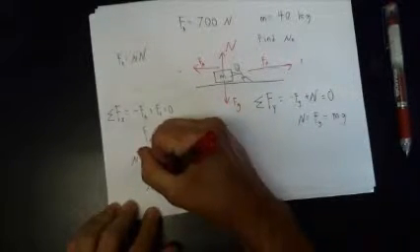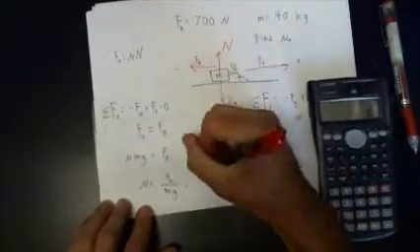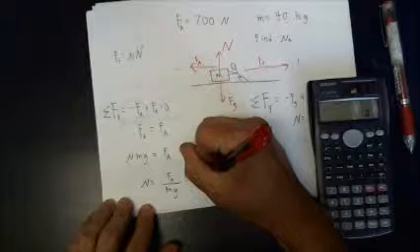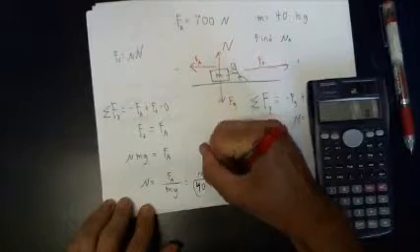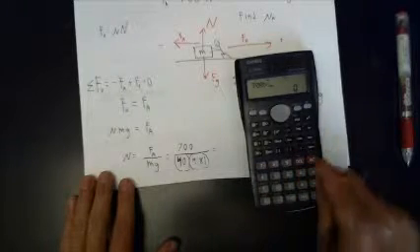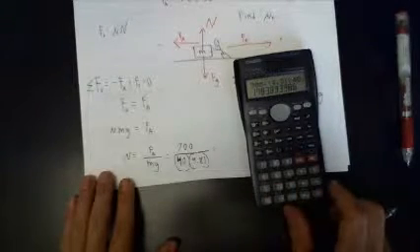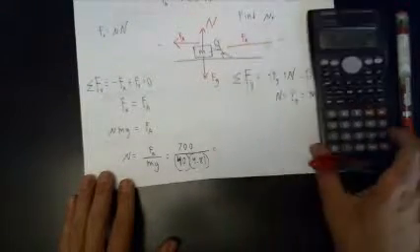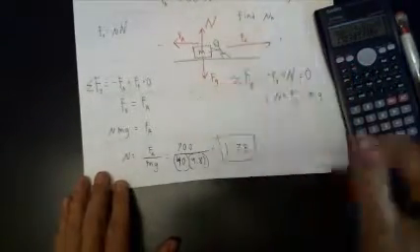And I'm solving for mu, so I'm going to get mu equals the applied force divided by mg, which is 700 divided by 40 multiplied by 9.81. Should get 1.78. It's a decent amount of friction. 1.78 for my coefficient of friction.